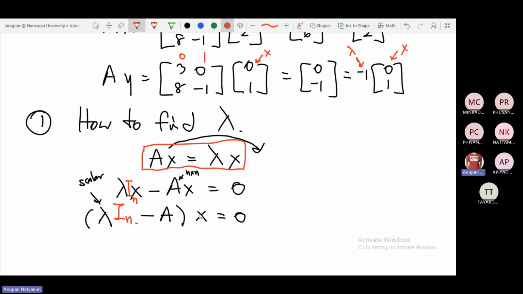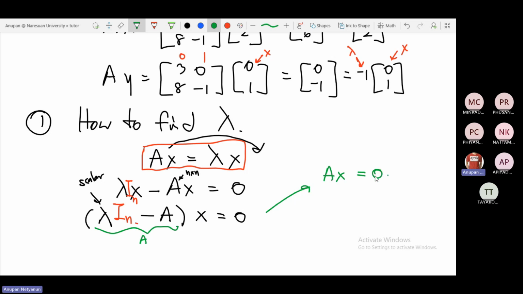Of course, the 0 vector is a solution for this, and this is the same as this, so the 0 vector is a solution for this equation also. But you want more than the 0 vector. If you think of this whole thing as another matrix A, you have A times x equal to 0.